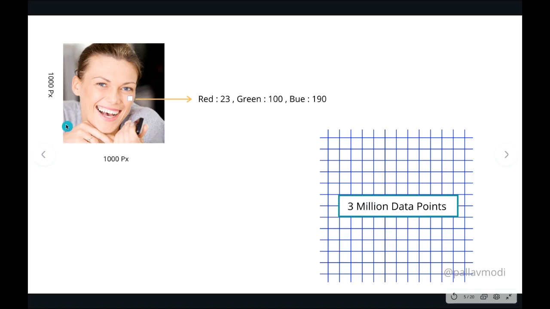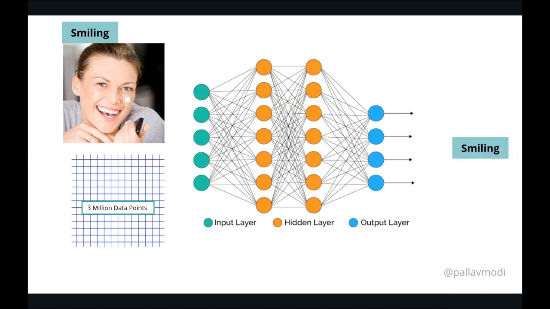So one image of 1000 pixel by 1000 pixel, when converted into a RGB matrix, would have 3 million data points. And once this image, which is now labeled as smiling, is converted into machine code, which we did into 3 million data points, we can train a neural network to identify whether in an image a person is smiling or not, right?